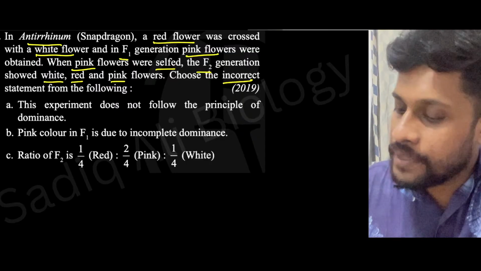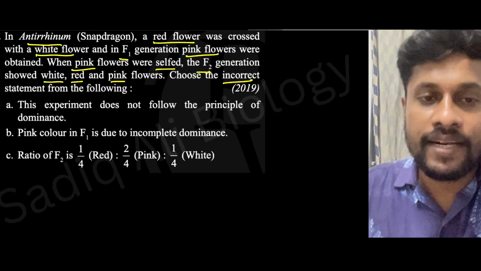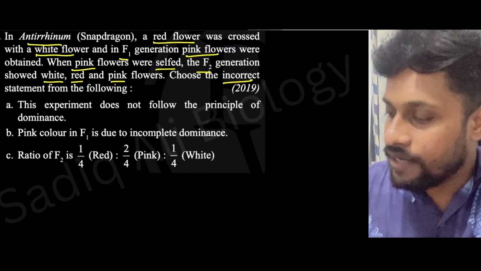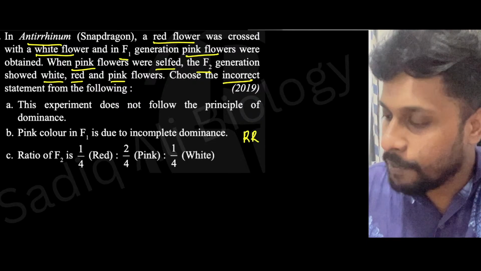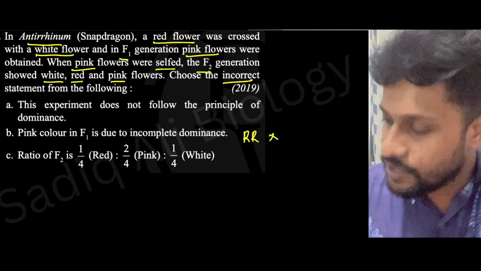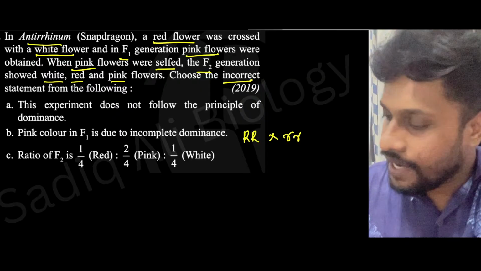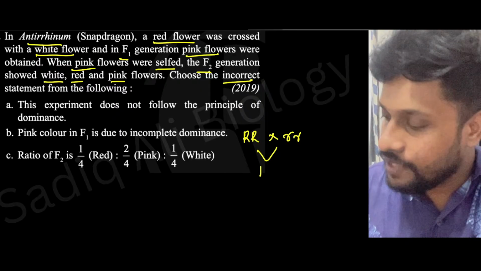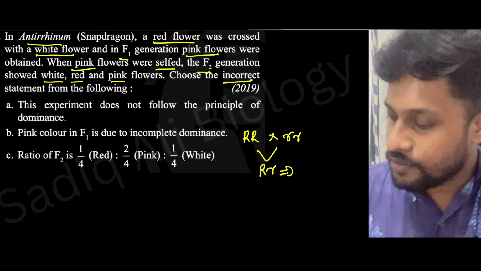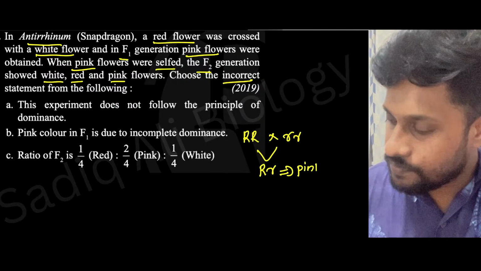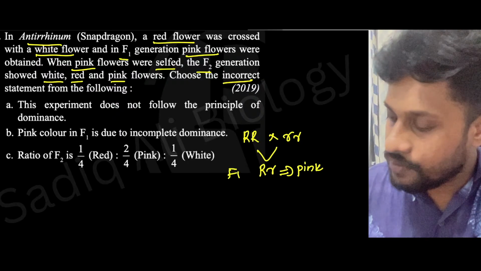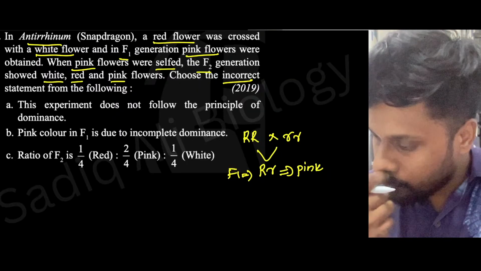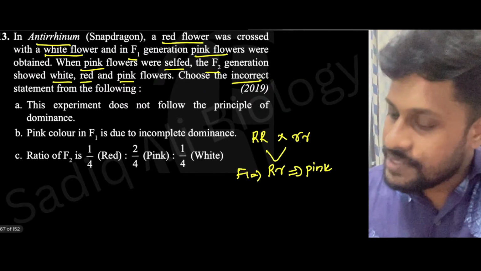So here, what happens in Antirrhinum? Antirrhinum shows incomplete dominance. Red flower, which means capital R, crossed with white, which means small r. And F1 shows pink, which means capital R, small r. This is pink and it is F1. Now they are selfed.